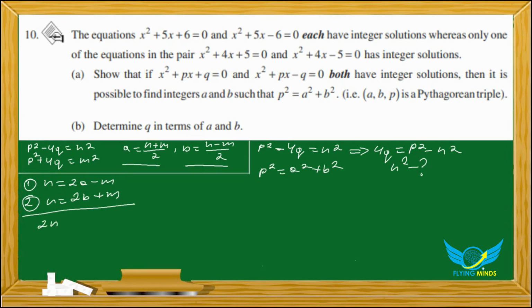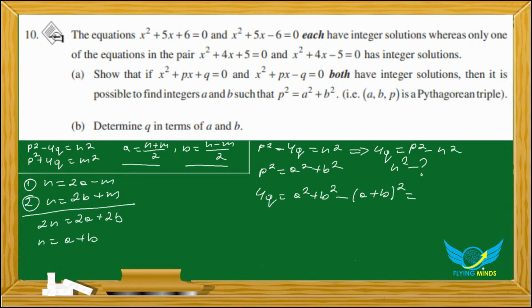So 2n equals 2a plus 2b, or n equals a plus b. Okay, good. So now knowing that, we can continue. So 4q equals p squared, which is a squared plus b squared, minus n squared.